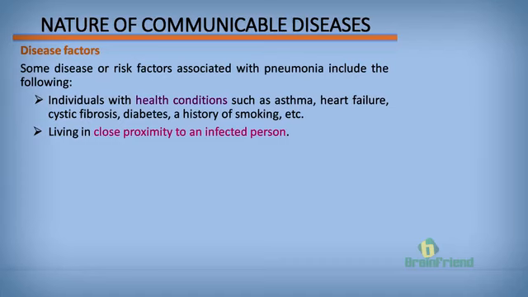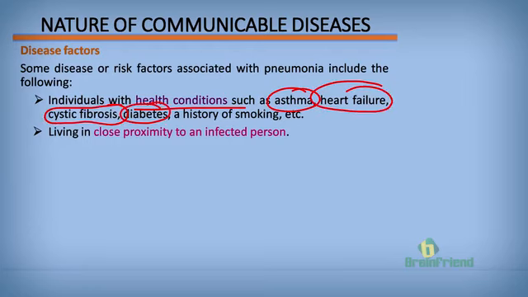Risk factors of pneumonia. Now, these factors can increase a person's chances of developing or contracting the disease. Individuals with health conditions such as asthma, heart failure, cystic fibrosis, diabetes, or a history of smoking may have quite high chances of contracting pneumonia.